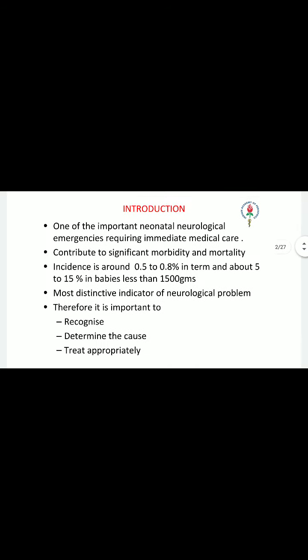Neonatal seizure is an emergency situation, and it requires immediate medical care. The morbidity and mortality increase with seizure in a neonate.